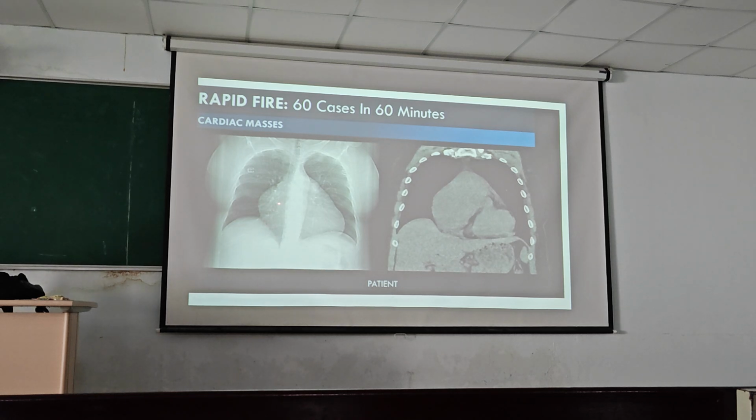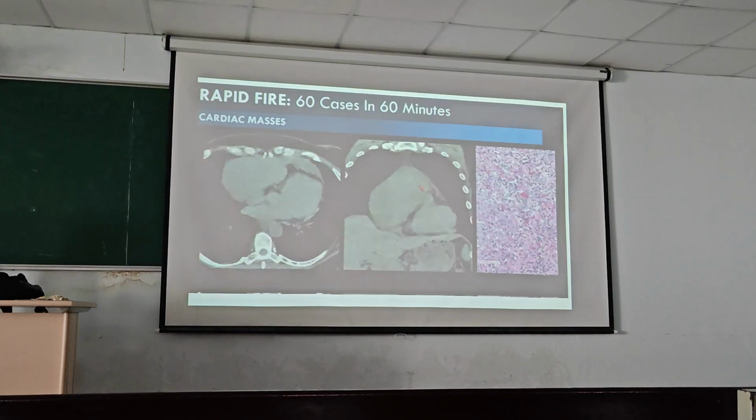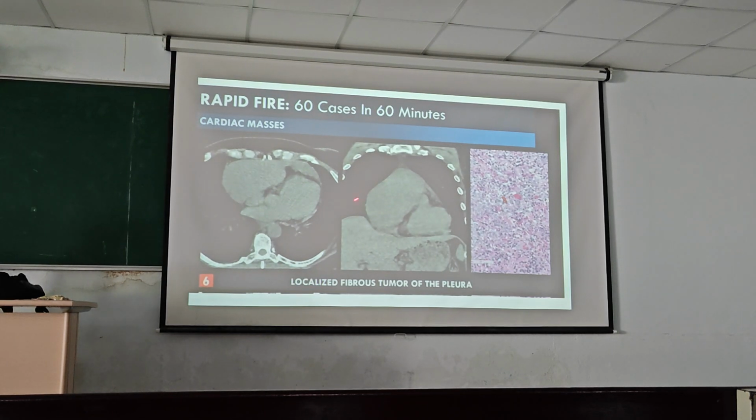So this one, you feel like there's a mass here somewhere. And then on imaging you see this big mass right here, right? So this is actually a solitary fibrous tumor of the pleura. Most of them are benign.